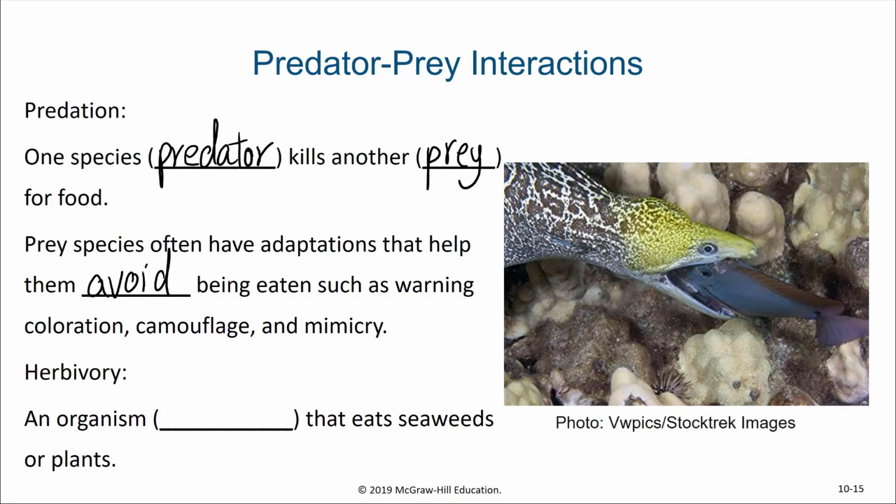In herbivory, an animal is consuming a plant. So the organism, which we call an herbivore, and we extend the definition to include both seaweeds and algae as well. The herbivore eats that seaweed or that plant. And so in essence, they are preying upon a non-animal organism.